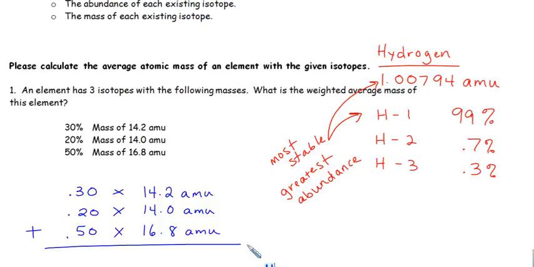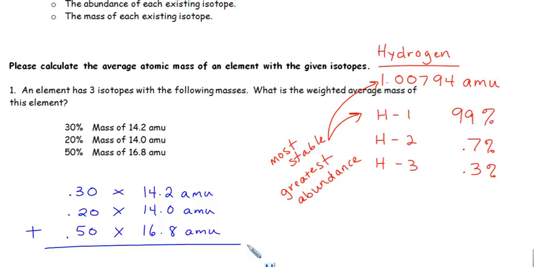Okay, now for significant figures and decimal spots, all that good stuff, I usually say match the data that's given. So the data given, all those masses have 3 sig figs. So let's report 3 sig figs in our calculated mass.